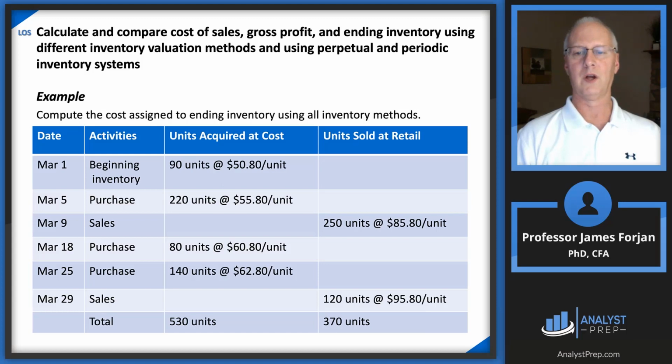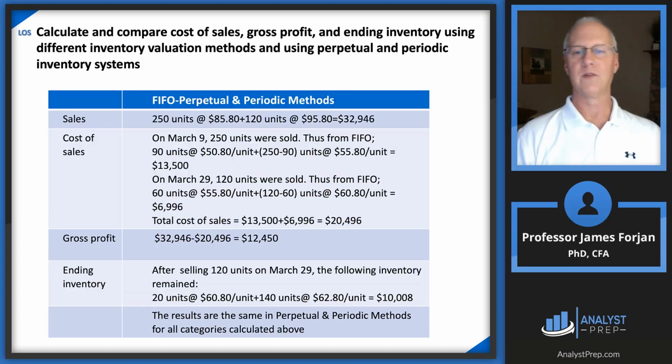And then we do the same thing for the March 29th sale. We sold 120 units. So we're going to have to go back and sell those unused portions of the 220 at the 55.80, and then the 80 units, and then maybe some of those 140 units. And so that's what we do on March 29th, right? We sell those unsold 60 units back at the 55.80, plus 60 of those units at the $60.80.